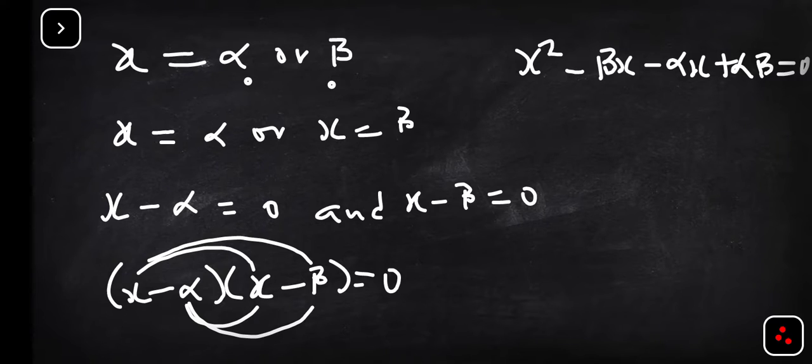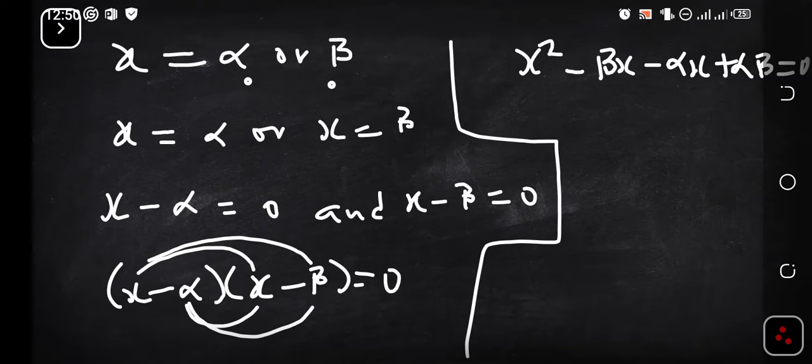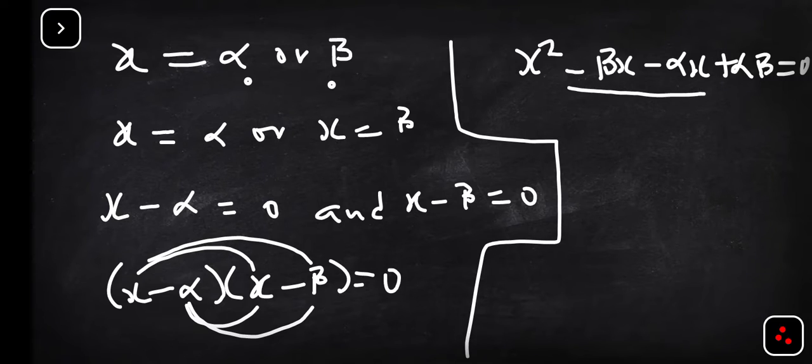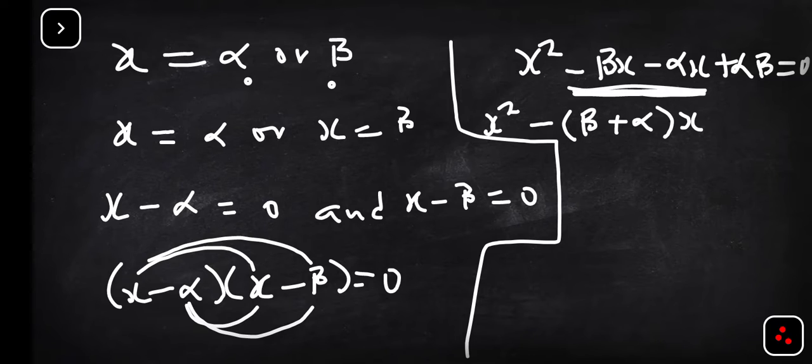If we isolate the negative from this part of the equation, we're going to have something like this. We're going to have x squared minus open bracket beta plus alpha. And you notice x is now here because we're going to isolate x and put it on this side. If we bring back the negative and the x, we will get back this part of the equation.